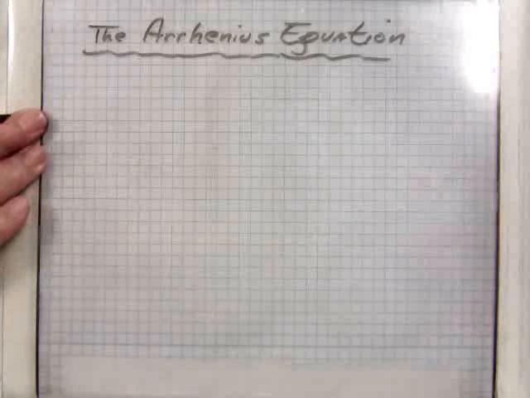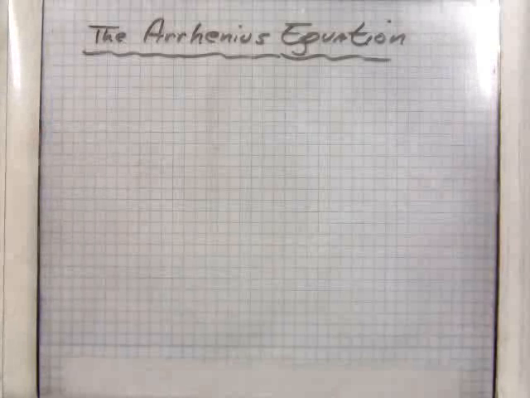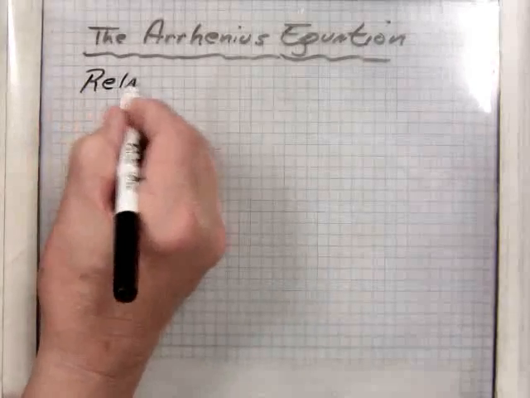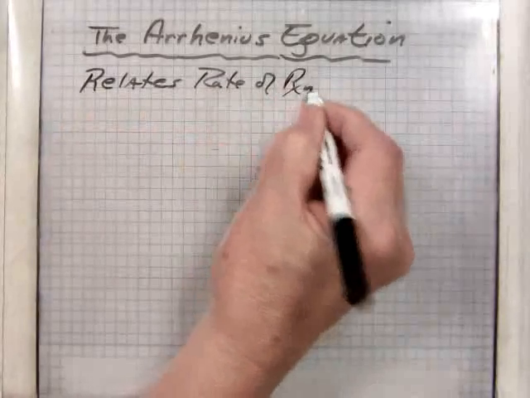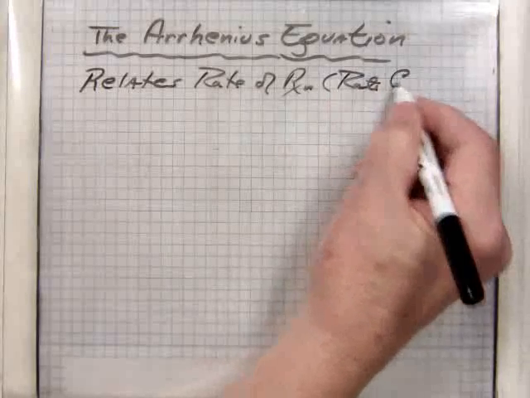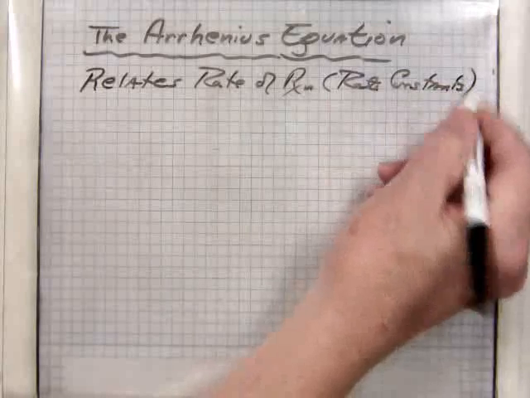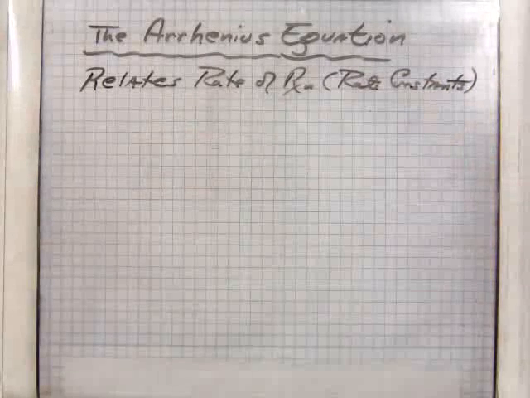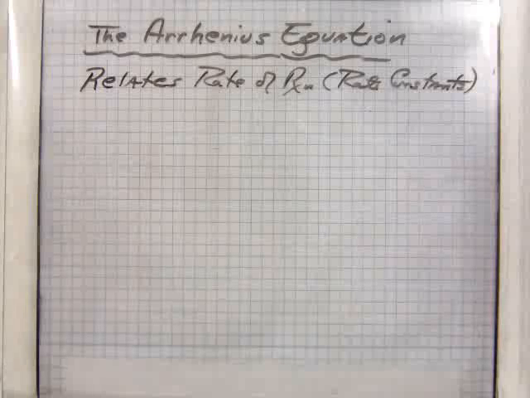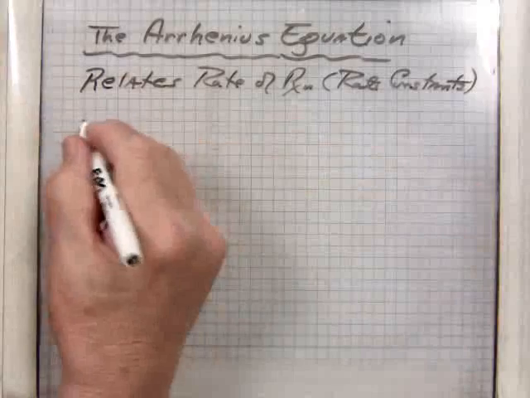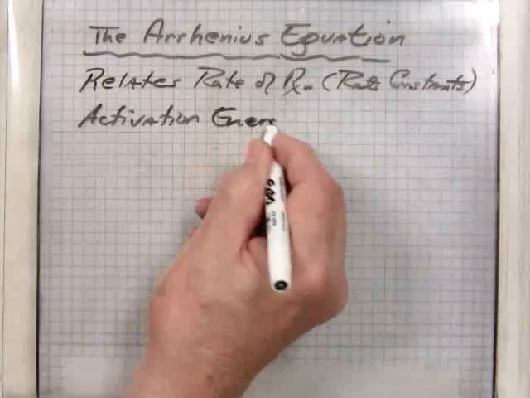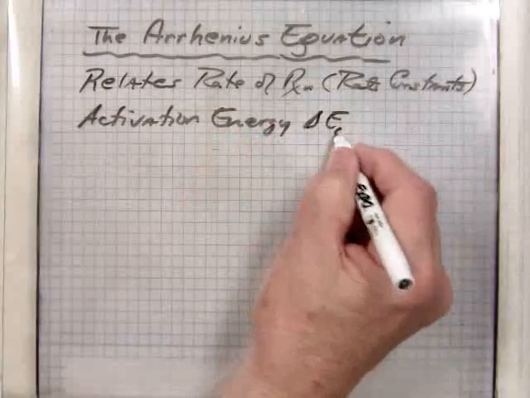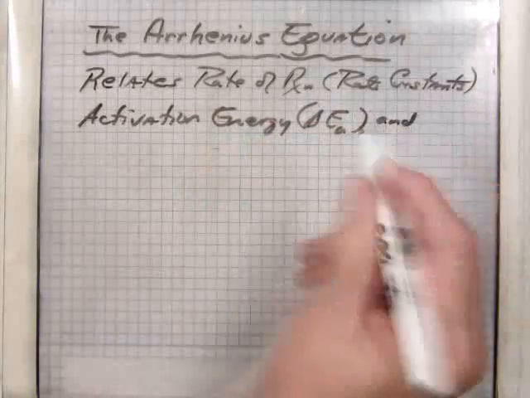The Arrhenius equation in the kinetic molecular theory, and this section on rates of reaction, relates rate constants, rate of reaction, activation energy, and temperature factors.